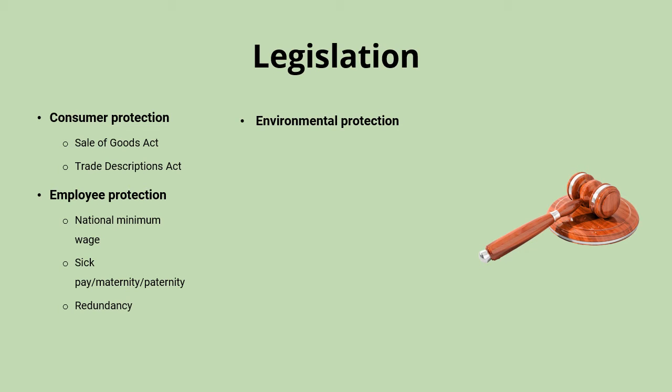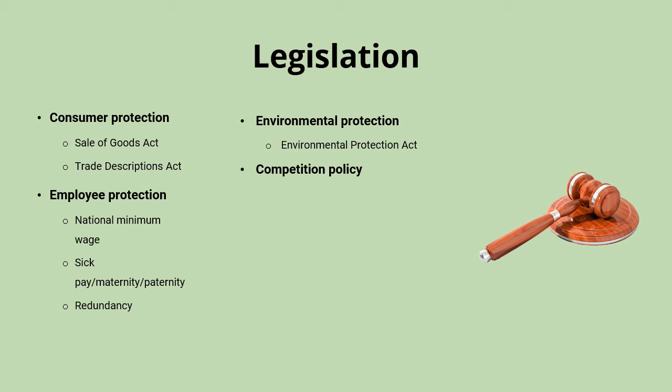We've also got laws around the environment, so things like the Environmental Protection Act, and these are rules around the disposal of waste and how you can do that, and also controlling emissions and trying to reduce pollution. And we've got competition policy, so it's not in consumers' interests for one firm to have too much dominance over a market.